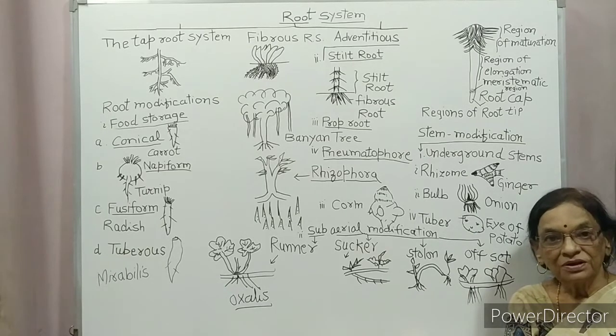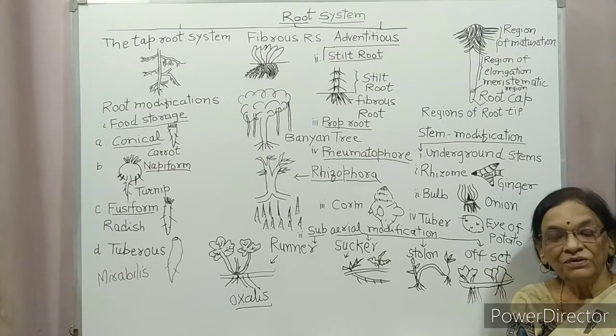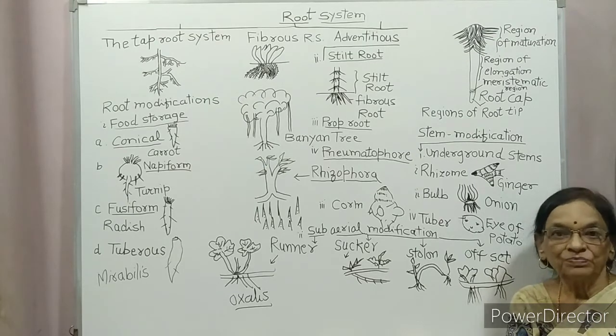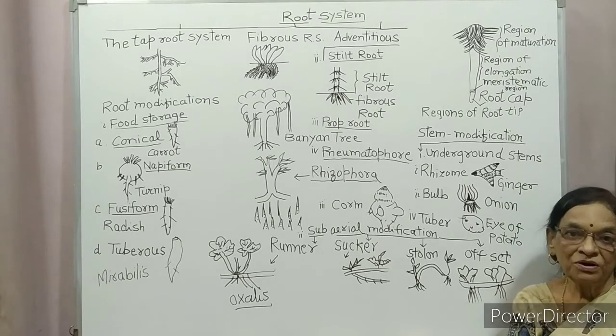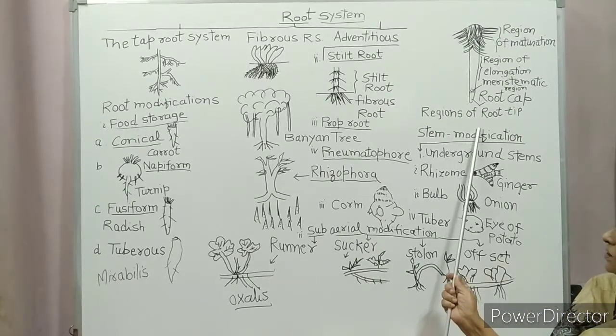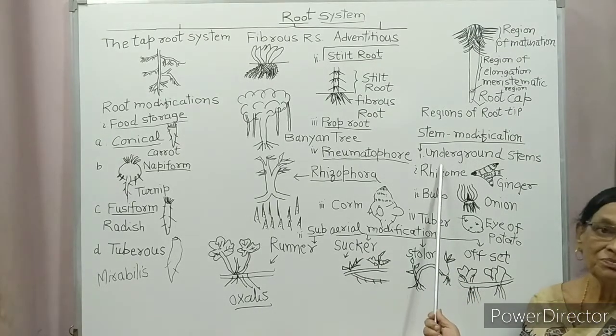Sometimes stem does not perform its original function of conduction of water, but it becomes modified to perform some special function. So modifications of stem are of three types.